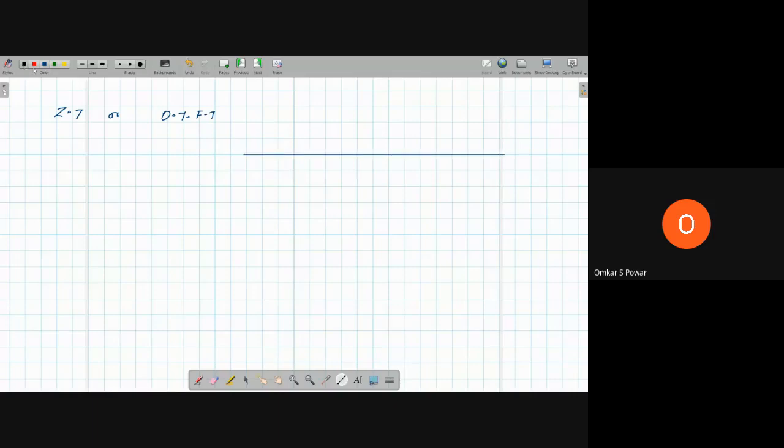So let me write a discrete time signal for you. This is your time domain signal, with respect to n you have your x of n.